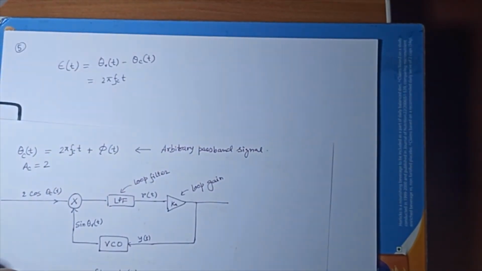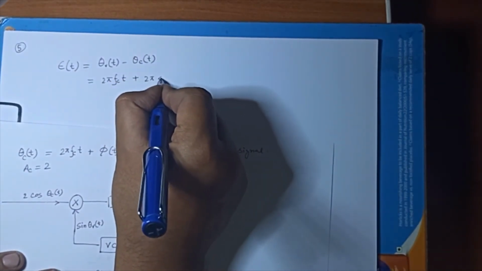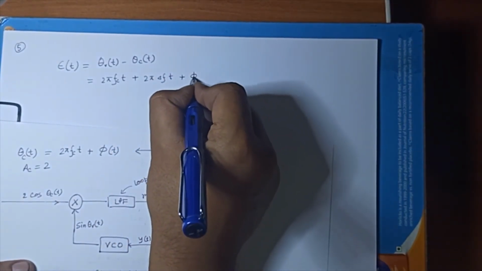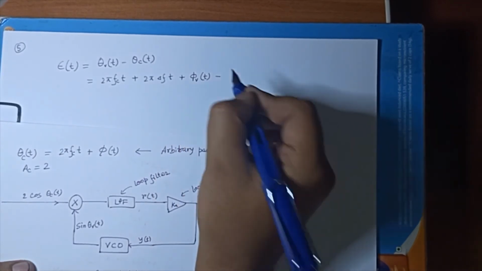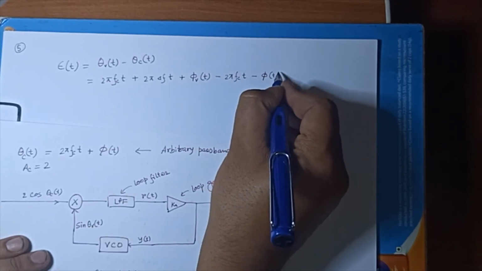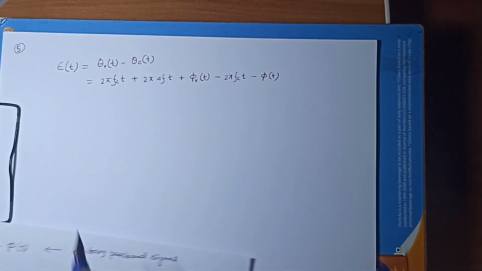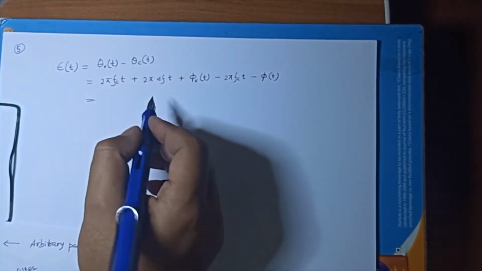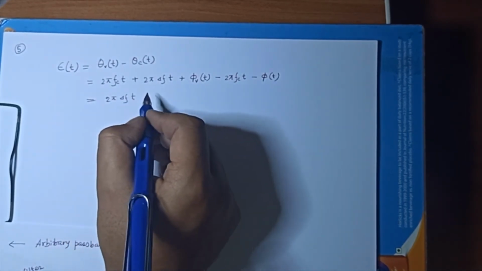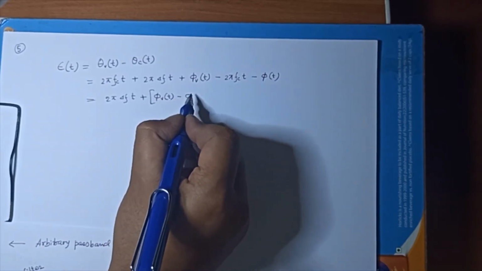So 2 pi f_c t has a structure like this, plus 2 pi delta f t plus phi_v(t), minus 2 pi f_c t minus phi(t). So this minus this, that is what your error is. Then 2 pi f_c t cancels out, so you will have 2 pi delta f t plus phi_v(t) minus phi(t).